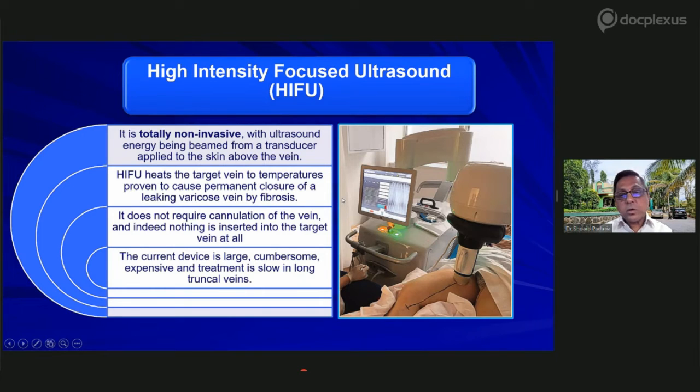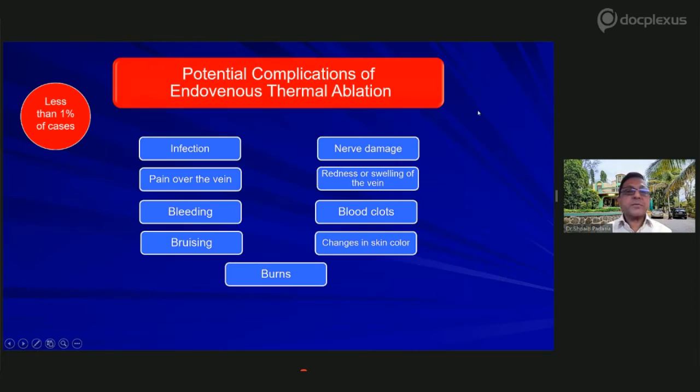So there is no need of anesthesia, no need of puncture of the vein, nothing. However, unfortunately, currently the device is very large, very cumbersome, very expensive, is still in major clinical trials. We expect in the next 3 to 4 years that this will be the treatment of choice.